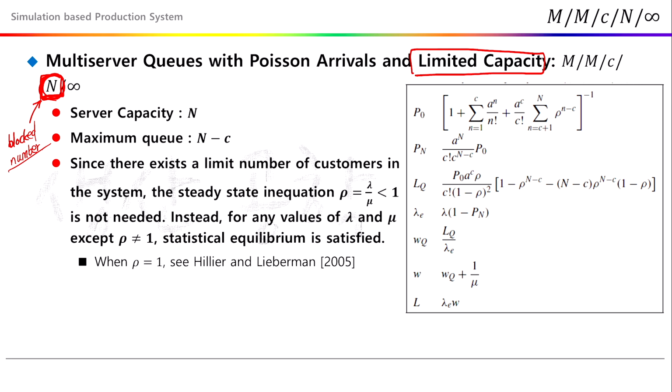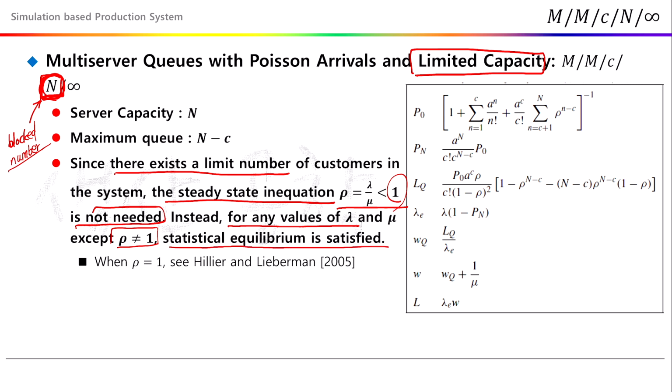So there exists a limited number of customers in the system. The steady state inequality, utilization smaller than 1, is not needed anymore. Instead, for any value of lambda and mu, except when utilization is 1, statistical equilibrium can be satisfied.